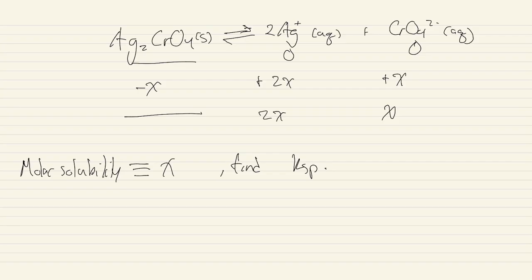Yeah, we need an expression for KSP. So KSP is equal to Ag plus to the power of 2, times CrO4 2 minus. And so what do we plug in for these concentrations here?